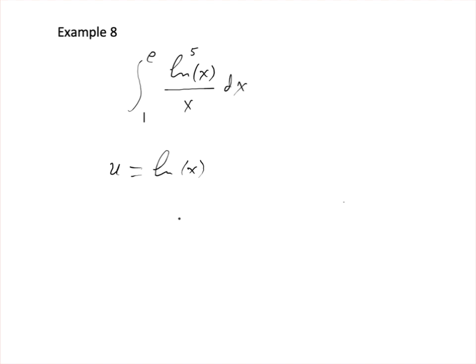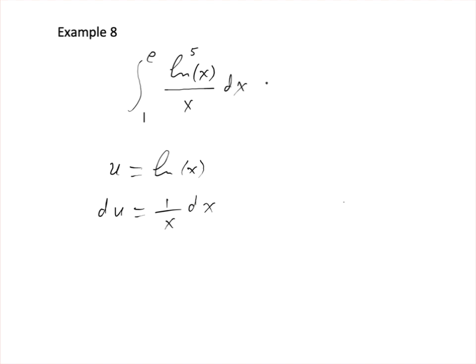By the way, not every integration problem is doable this way. Only if it's set up in this way, it would work. If I change these expressions, I can make it impossible, really. So du here is 1 over x dx.